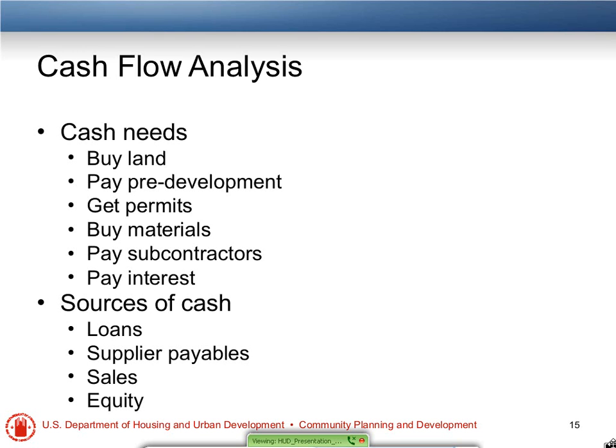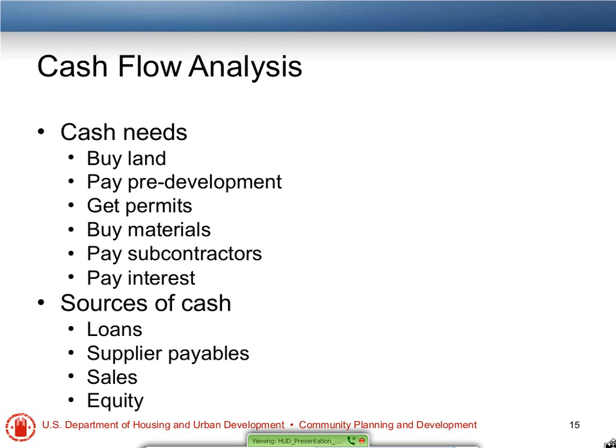We also have a number of sources of cash which can fund those cash needs. Our loan, hopefully from a bank or maybe a public source. Some supplier credit. If the lumber yard is giving you 30 days to pay, then that becomes a source of cash to help finance the development.